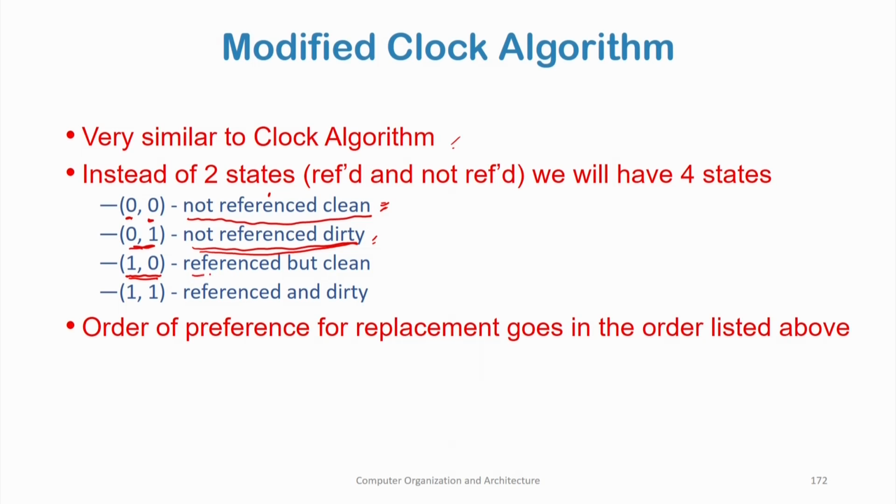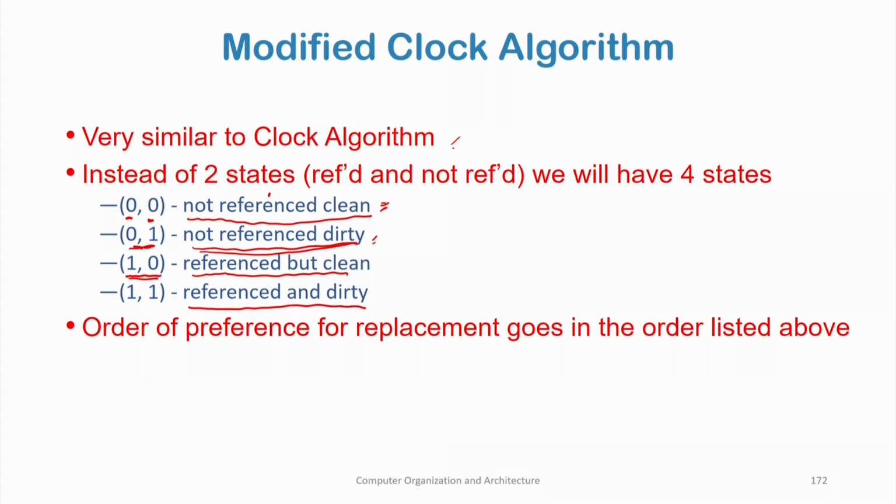The page has been referenced in the current interval, but is clean. That means I can discard this page. However, it was referenced, so it could be referenced again in the near future. However, if the other options are not there, I may need to replace this. And if it is 1 1, it is both referenced and dirty.